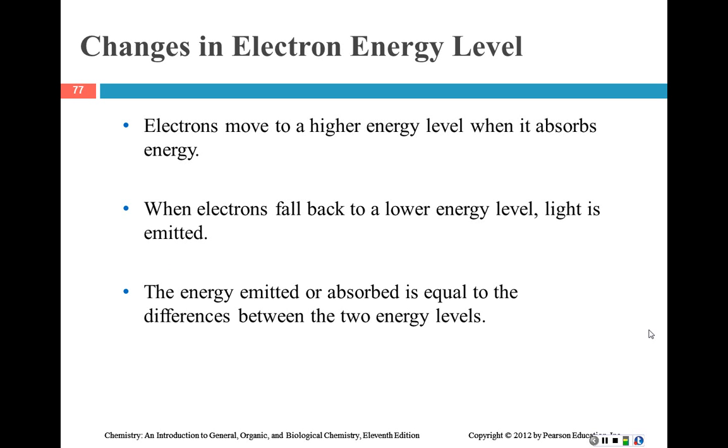It won't stay, because it absorbs the energy to get up there, but then it gives off that energy in the form of light as it falls back down to its normal energy level. The energy that you emit as it falls back down is equal to the amount of energy it absorbed. Whatever energy it absorbs that knocks it up to a higher energy level, when it falls back down, it gives that same amount of energy off.